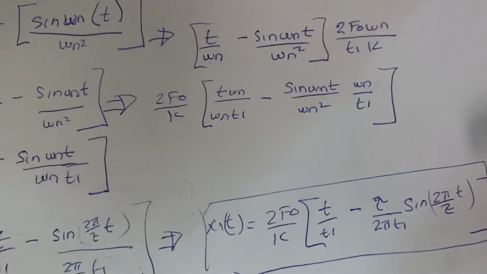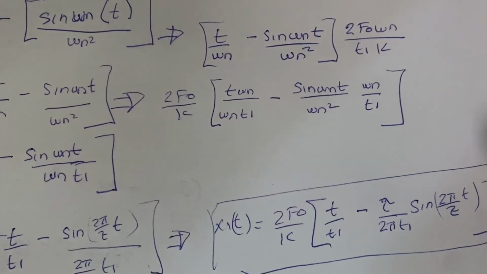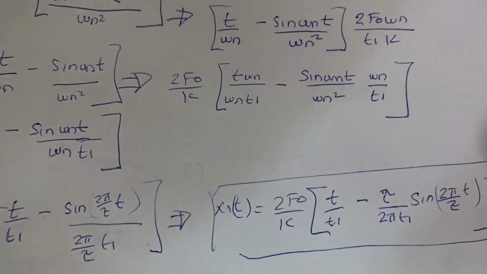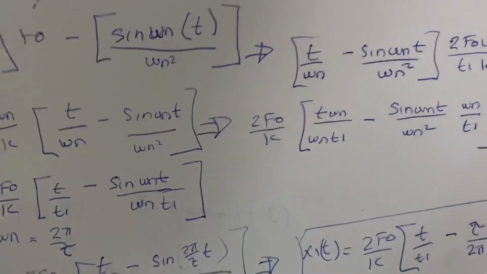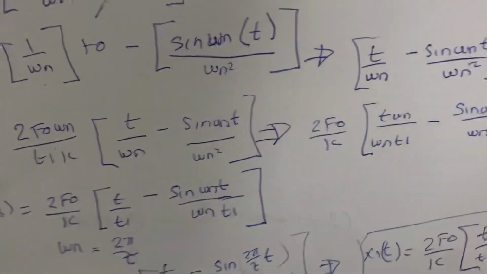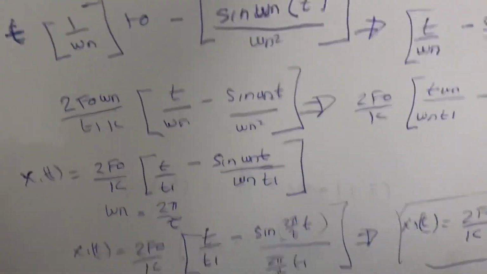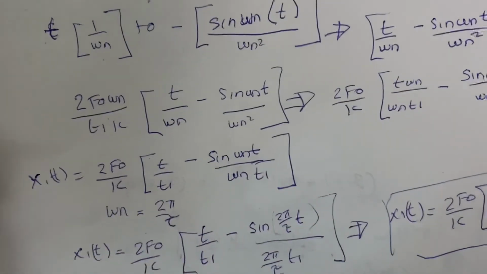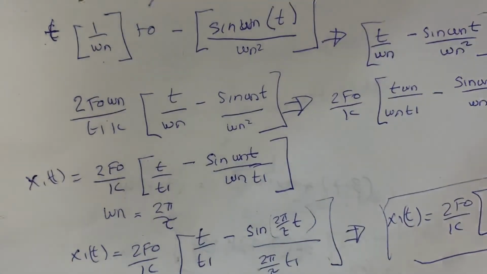And this is the solution for x1(t). Now, using the principle of superposition, we can find the other values of x2 for the second time interval and x3 using the following equation.